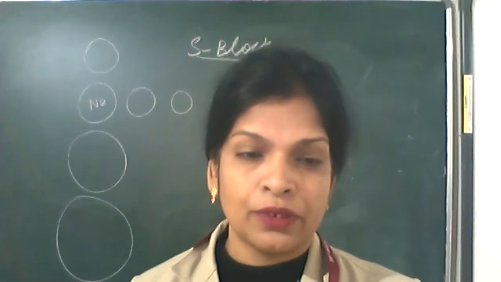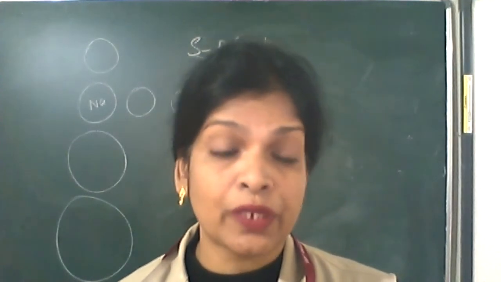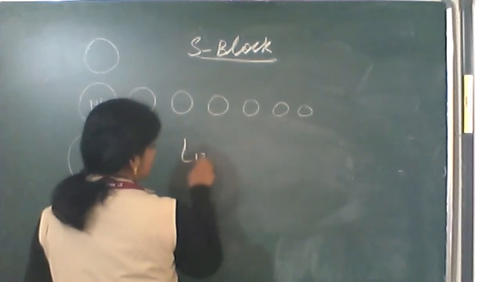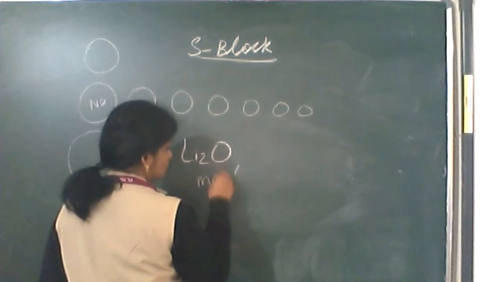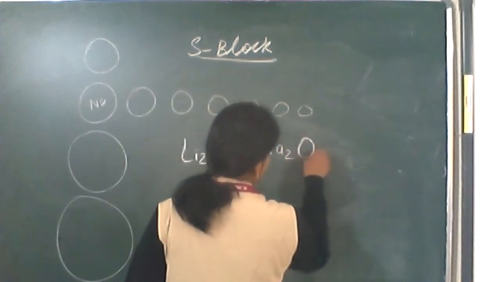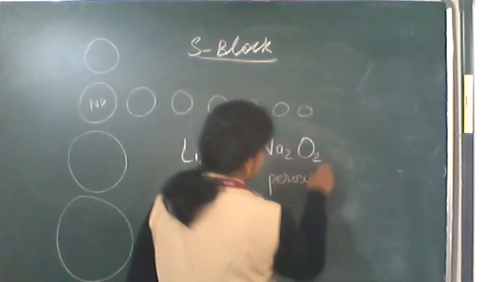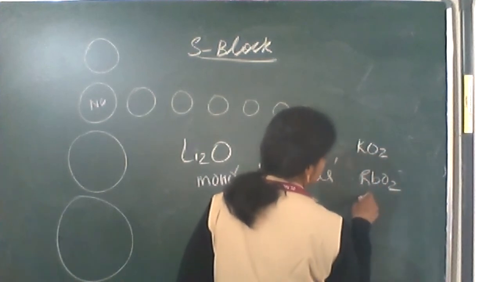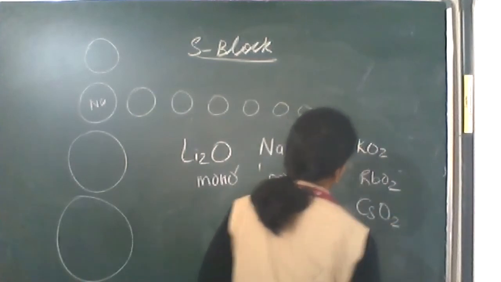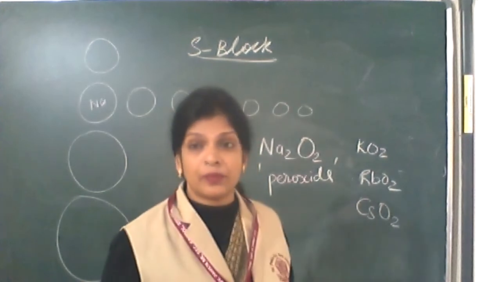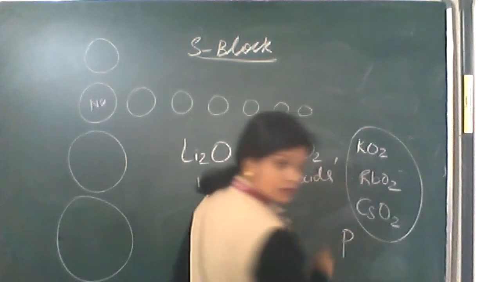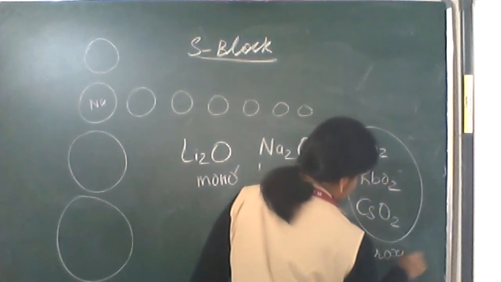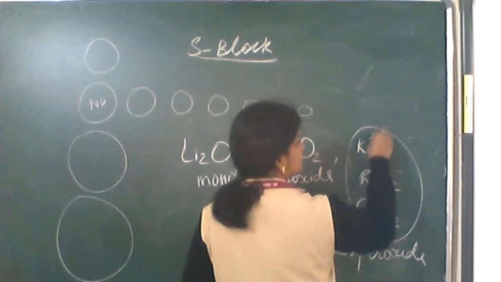Peroxide is Na2O2. Superoxides are KO2 and RbO2. In a superoxide, the oxidation state of oxygen is minus half.